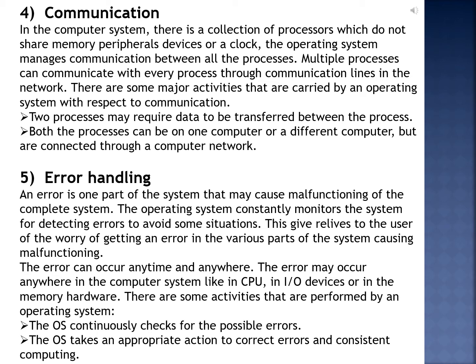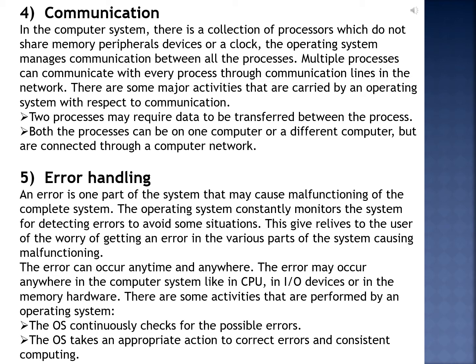The next one is error handling. Now, what is an error? An error is one part of the system that may cause malfunction of the complete system. The operating system constantly monitors the system for detecting errors to avoid such situations.